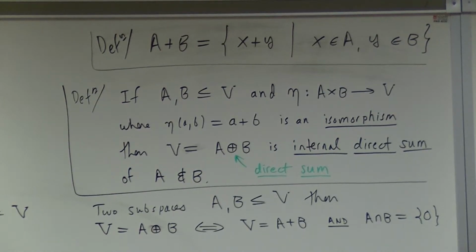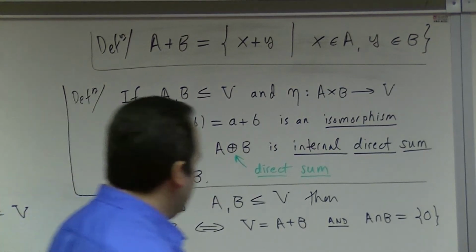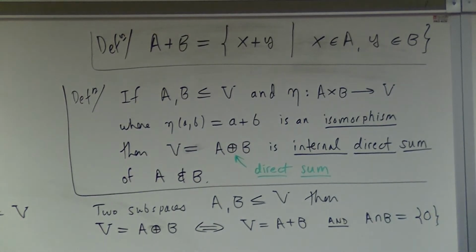All right, so let's see here. Now that we've got this, we can do something here. How about a theorem? If V is equal to the direct sum of A and B, then V mod B is isomorphic to what? What does it mean to take the quotient of something in vector space context?